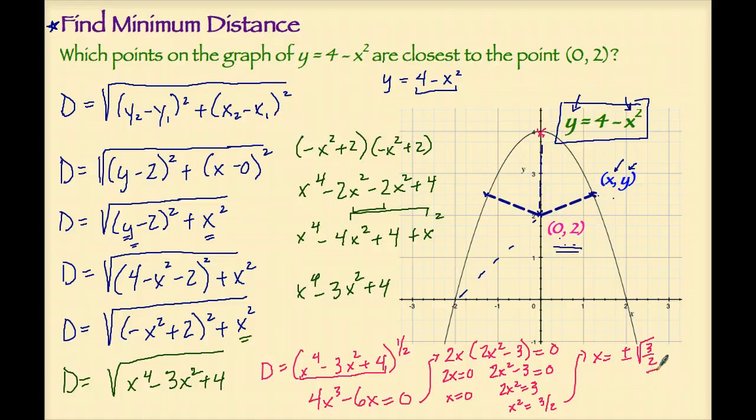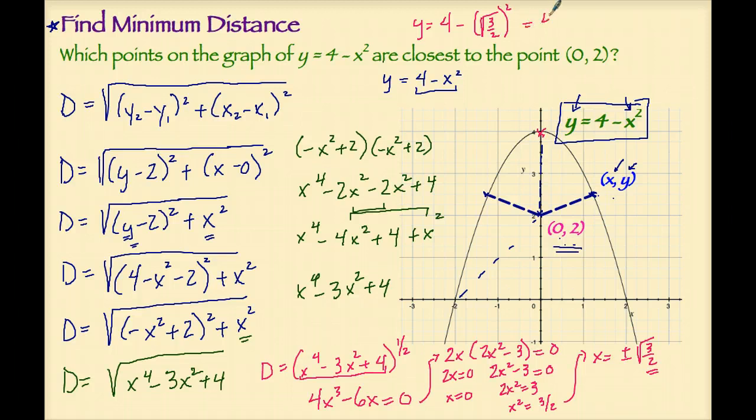Now let's find the y values associated with plus or minus the square root of 3 over 2 by going back to the original function. Y is equal to 4 minus, remember we're going to take the square root of 3 over 2 and square it, and it doesn't really matter if we have plus or minus here, because of course squaring it makes it positive.